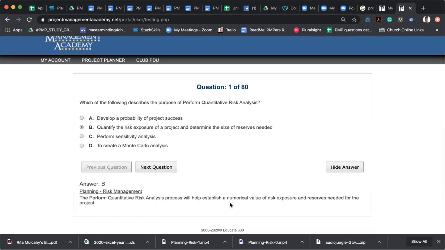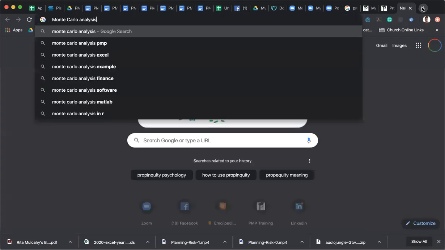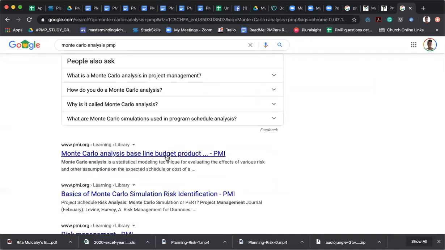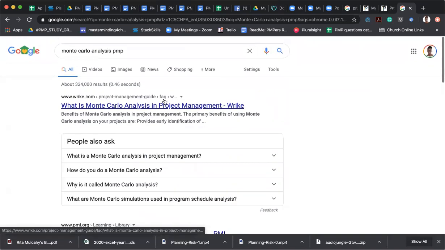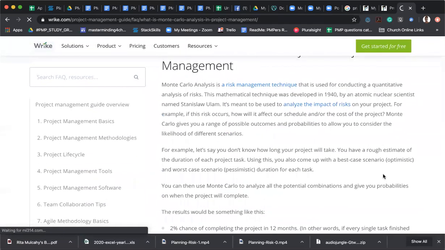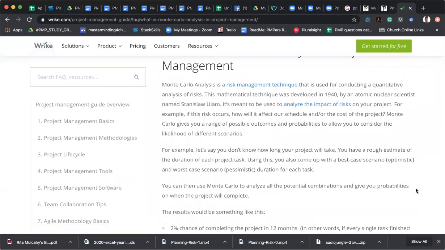Yep. Go ahead. And okay, so we don't really have the explanation for the other options, do we? No, not in this. Okay, because I kind of forgot what Monte Carlo analysis was. You want to know what's a Monte Carlo analysis? Yeah. Oh God, I keep forgetting all these definitions. Monte Carlo analysis, quantitative analysis.